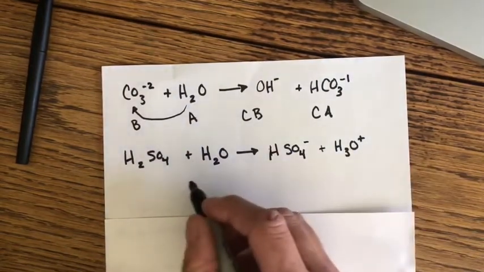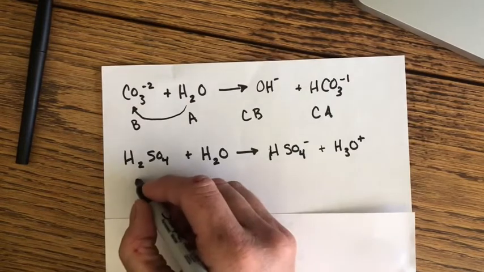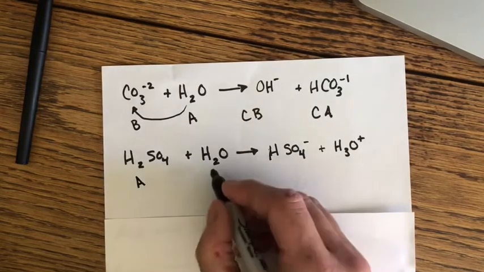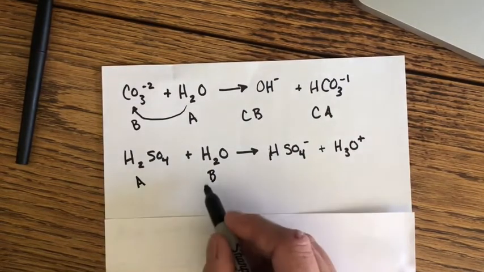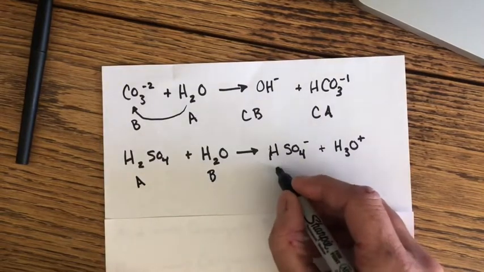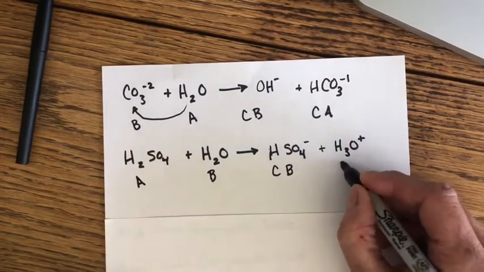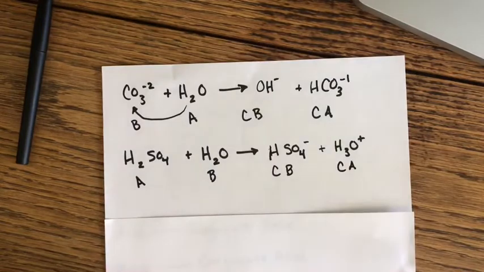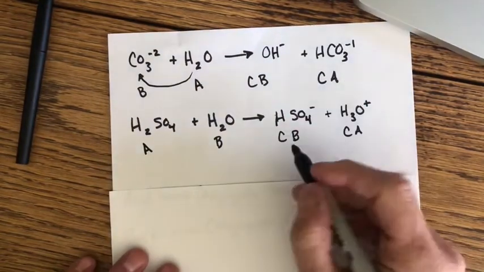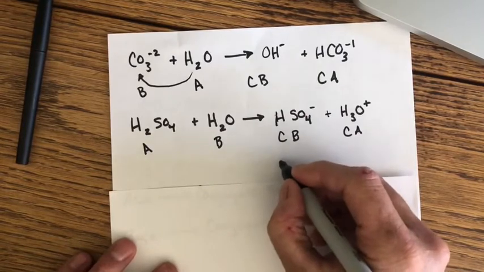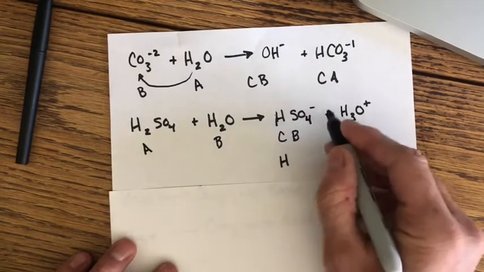And clearly we know that this one gave away a hydrogen. That means the other thing was the thing that took the hydrogen, making this the conjugate base and this the conjugate acid.